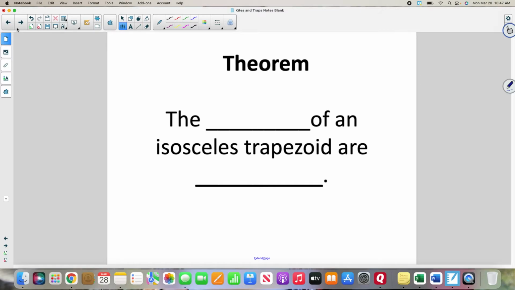The diagonals of an isosceles trapezoid are congruent.